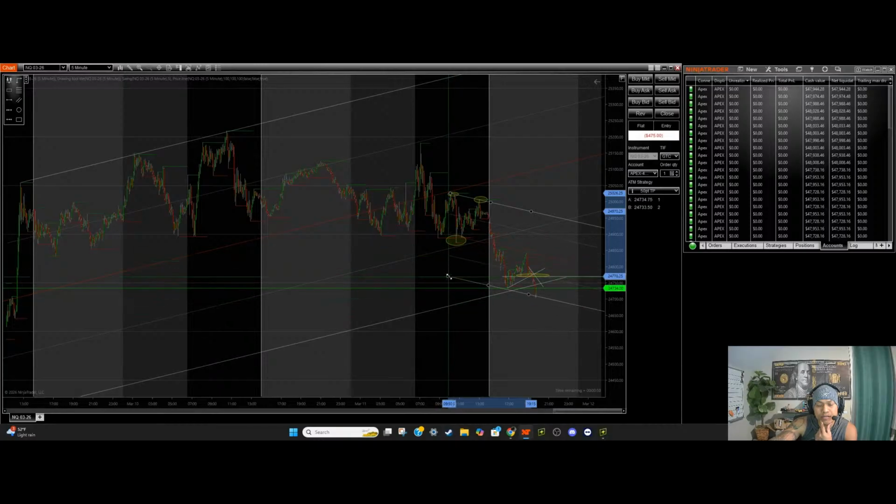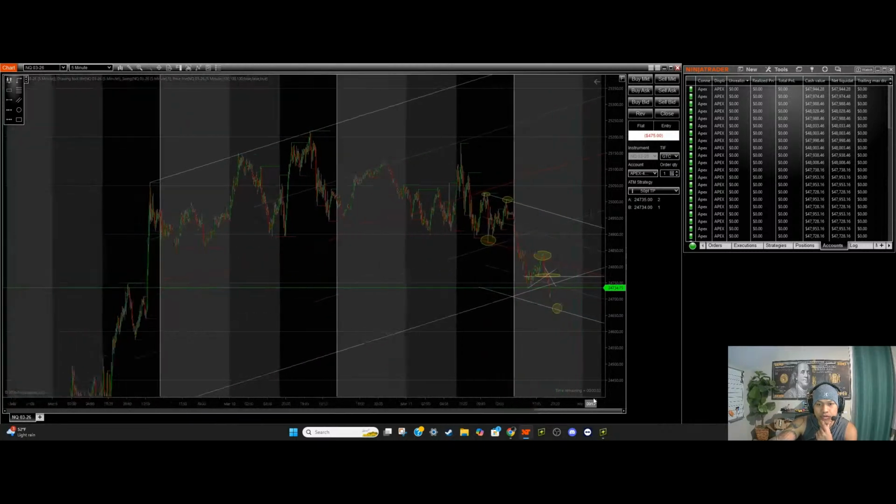You can make it shrink or expand depending on the range you're looking to accomplish, or at least the range you believe is probable. In this case, if you put it right there at the 50% of that channel, you have confluence right here, and now on the extension you have an extension down here.